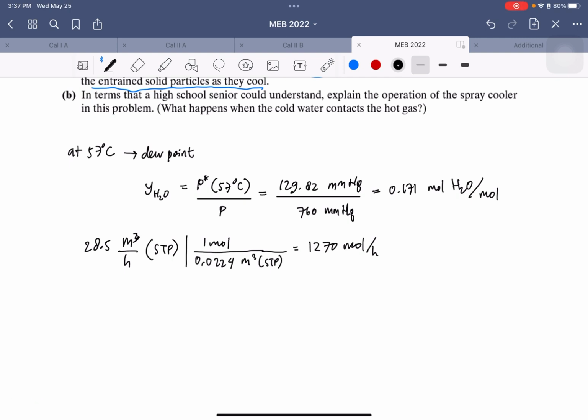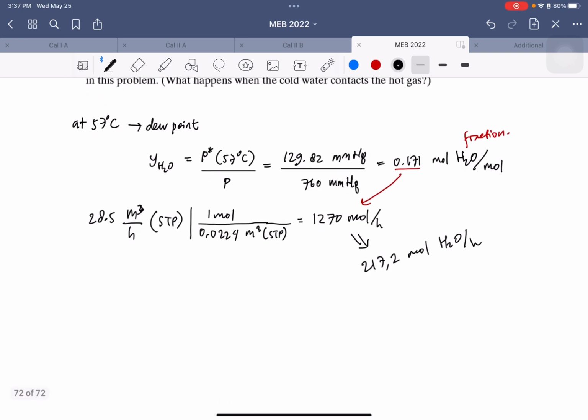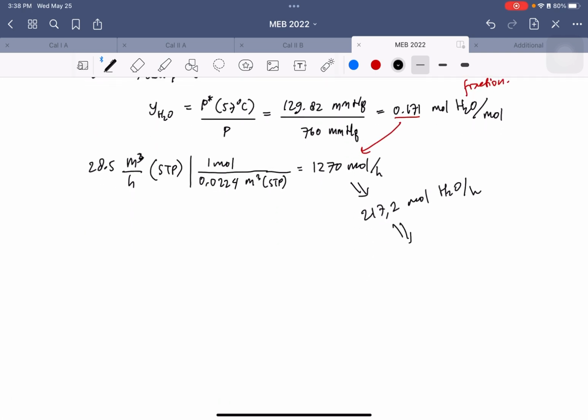And based on what we have here, this turns out to be 217.2 mole H2O per hour. So we find from our fractions. Okay, so this is a fraction. Or if we want to make it into kilogram per hour, we could convert the water.